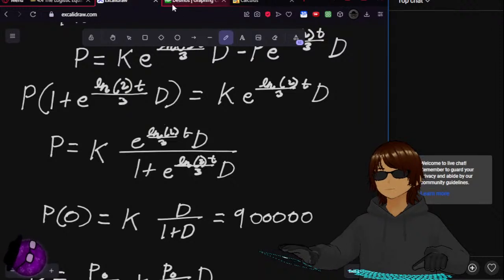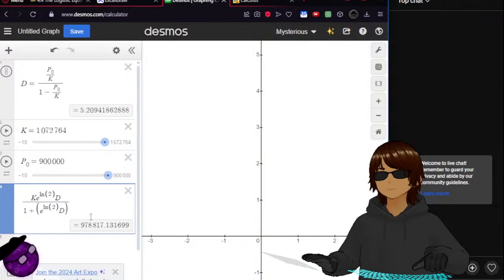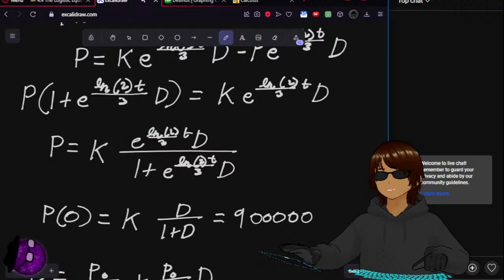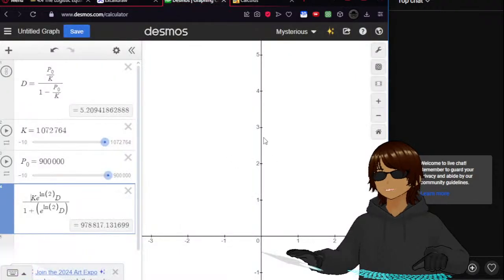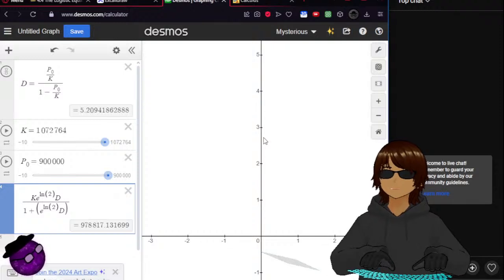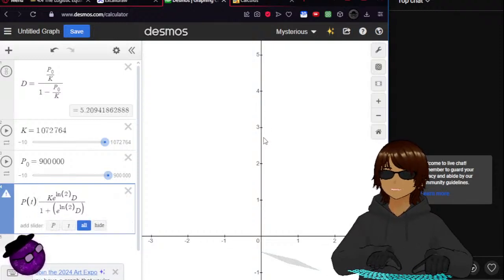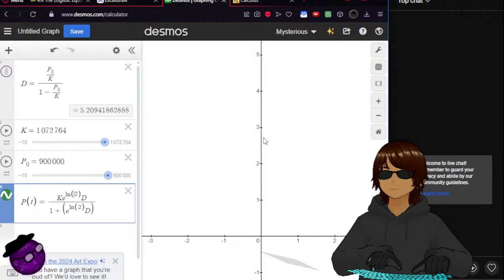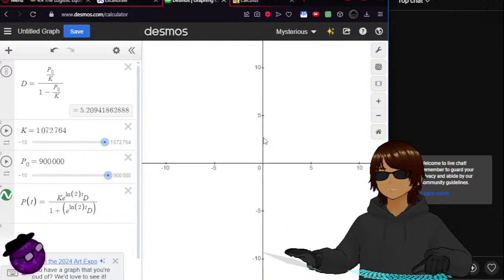Okay. So the population, this is the population function, right? Pt is equal to t.